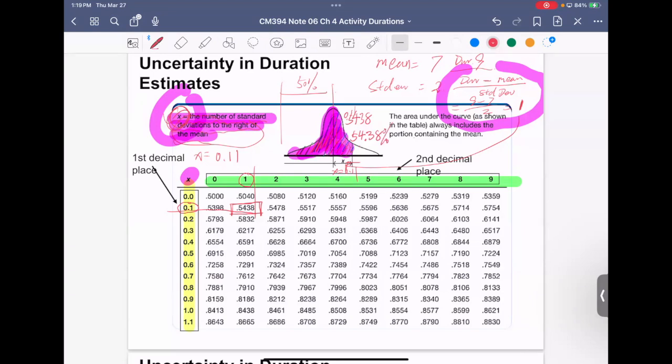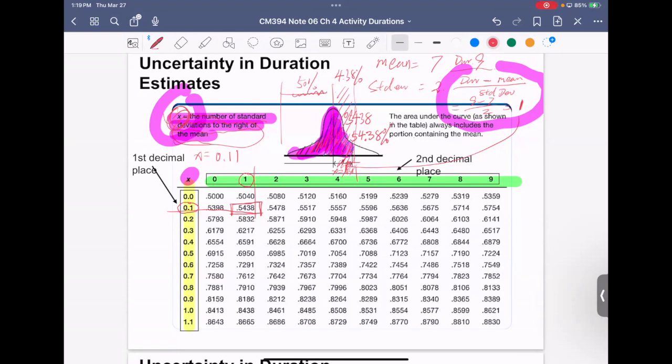Is that correct? Then you minus these 50 percent and you get that this part is 4.38 percent. Does that make sense? So you can know this part is that. That is what x refers to, okay?